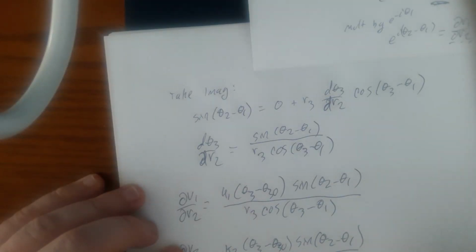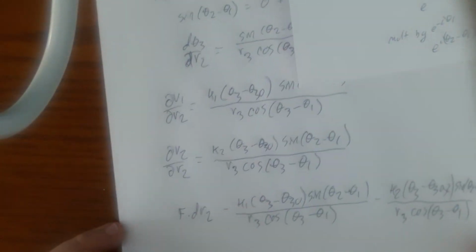And then we'll have minus k2 theta 3 minus theta 3 naught 2 times the same sort of term, sine theta 2 minus theta 1 over r3 cosine theta 3 minus theta 1.